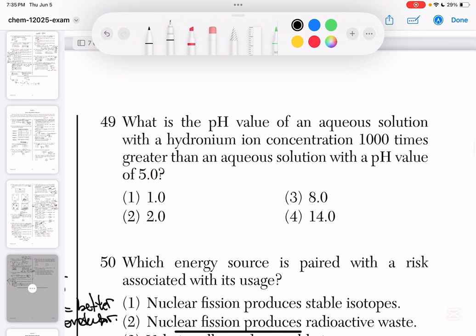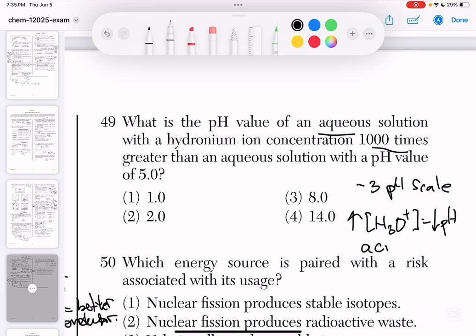What is the pH of the aqueous solution? 1,000 times greater. So 1,000 times greater means that it is -3 on the pH scale, because increased hydronium means lower pH. It's more acidic, right? Remember, the hydronium is the acidic, and the hydroxide is the basic.